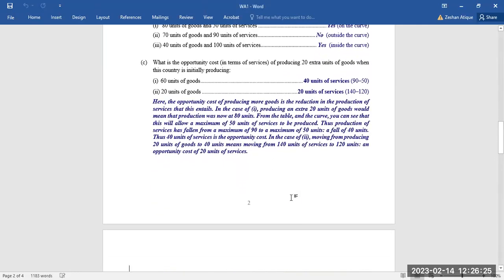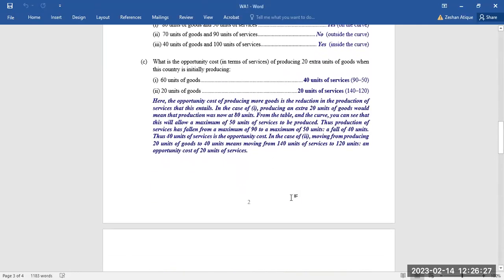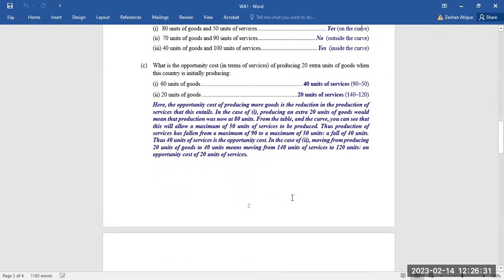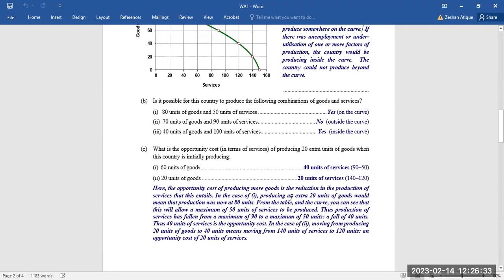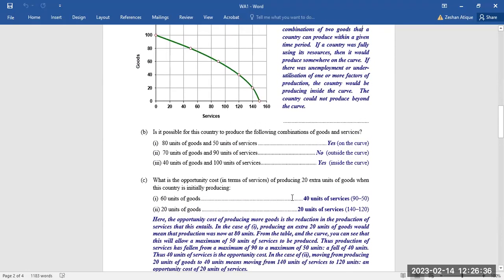Okay, so if you look at question number C. Now, what is the opportunity cost in terms of services of producing 20 extra units of goods when this country is actually producing 60 units of goods?